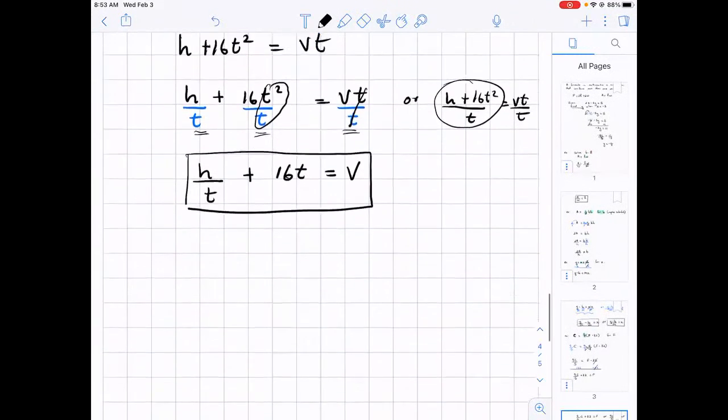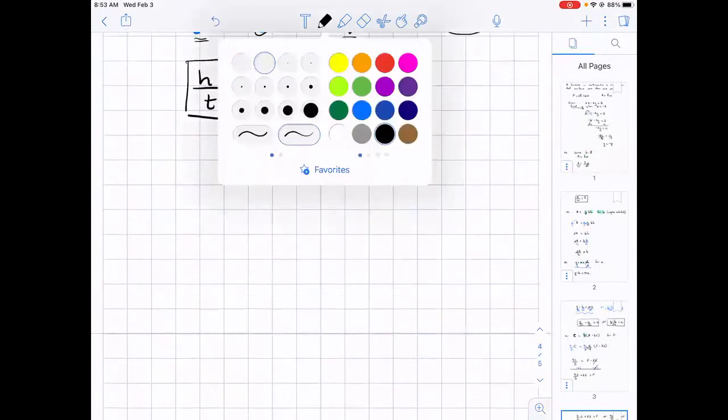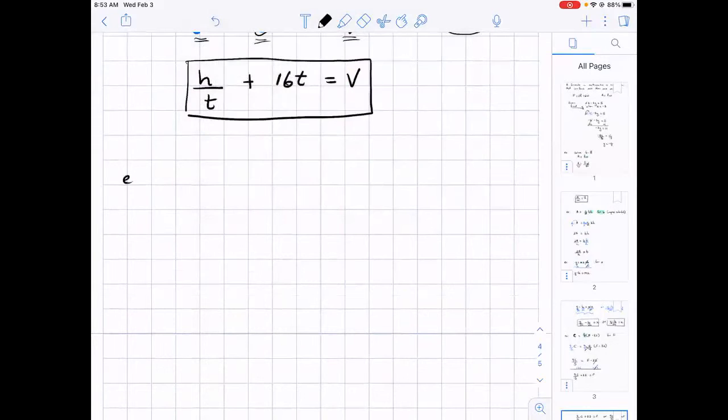Now, the same thing can be done when we have a mathematical equation, okay? If you're given 2x plus 3y equals 6, and you're asked to solve for y, all it means is to leave y by itself.